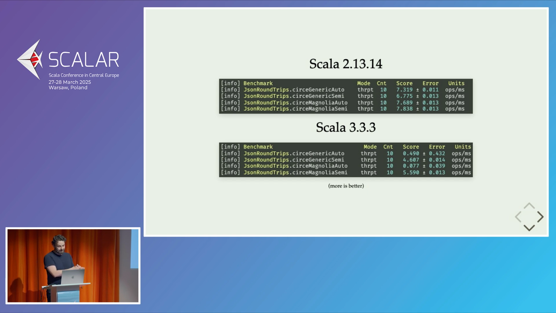If we are using automatic derivation, both on Magnolia and mirrors, we're getting a decrease in performance, but for some reason Magnolia has even more performance decrease than raw mirrors.